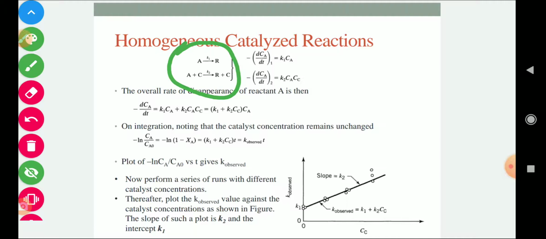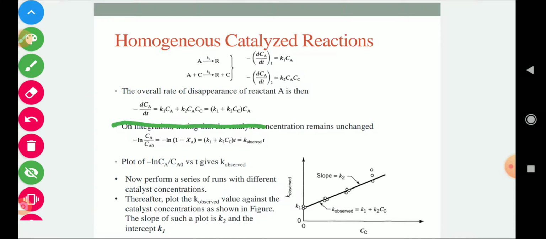So there are two parallel reactions. So the total rate of conversion will be equal to the rate of conversion due to the first reaction plus the rate of conversion due to the second reaction. So the total rate of disappearance of reactant A will be equal to the summation of these two reactions.